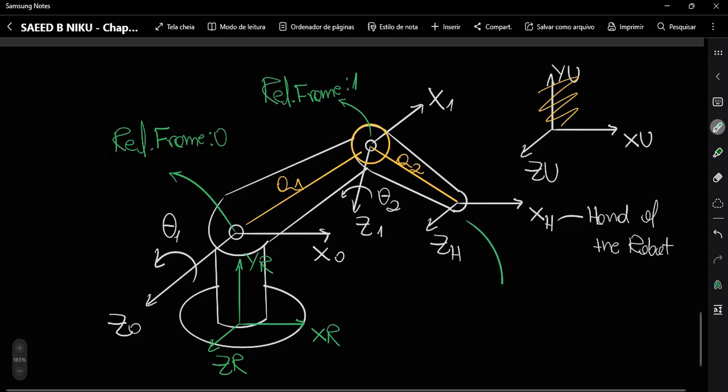And right here is most commonly known as the hand, the reference frame of the hand.